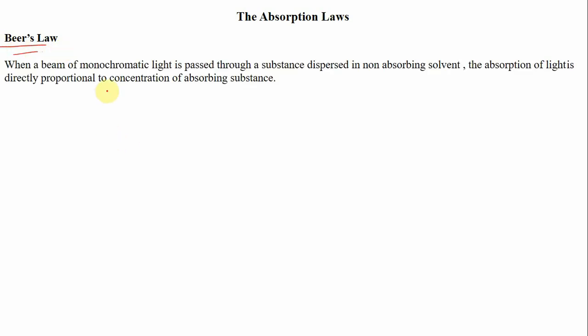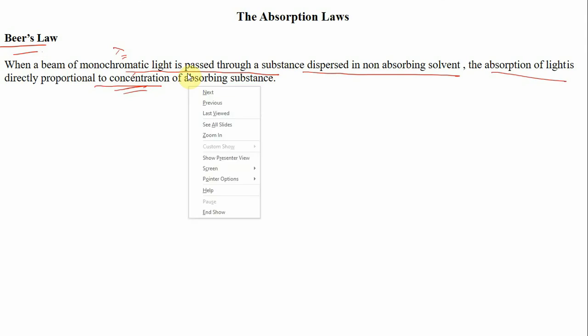Beer's law states that when a beam of monochromatic light, monochromatic meaning it consists of a single wavelength, is passed through a substance dissolved in a non-absorbing solvent, the absorption of light is directly proportional to the concentration of the absorbing substance. So this simply means the absorbance of light depends upon the concentration of the absorbing substance.